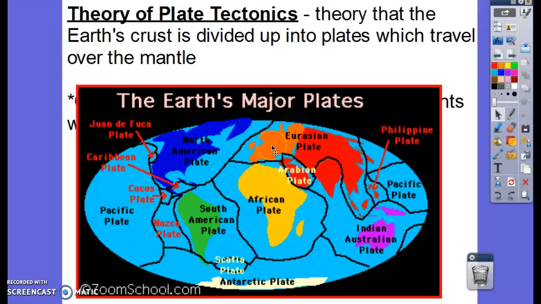Okay, so basically underneath the crust, we have this kind of liquid layer of rock, kind of like lava, and the plates can move on this liquid layer. Okay, and this liquid layer is called the mantle, right? And these plates are still moving. They only move like an inch every year, so they're not moving super fast, okay?